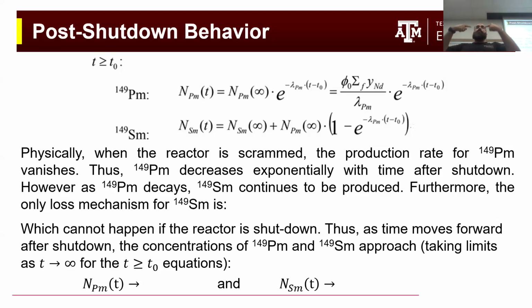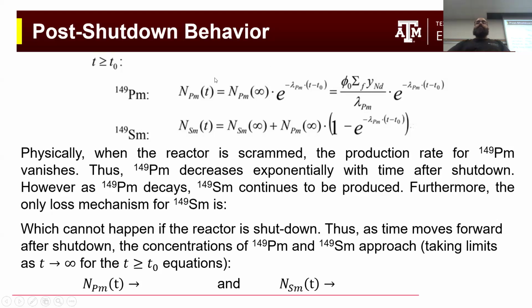So samarium can only be lost if there's a flux that can make it absorb neutrons. But if the samarium has no flux to make it be absorbed, then the concentration of samarium can only be built up. It can't go away until we turn the reactor back on, turn our flux back on, and let that samarium start absorbing things so that it can start going away. So if we want to think about after the shutdown, and we let time go forward, what concentrations do these nuclei build up to?